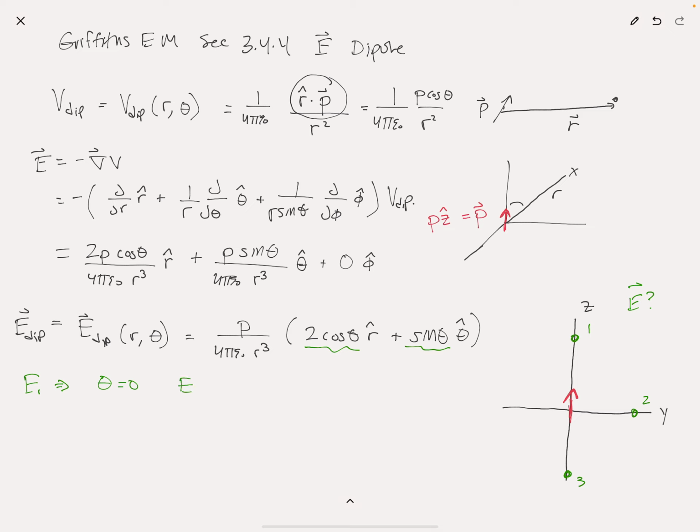So my electric field at point 1 is going to be something related to the r hat direction, because cosine of 0 is equal to 1, plus, well, sine of 0 is equal to 0, so there's no theta hat component, and everything is pointed in the r hat direction. The r hat direction at this point is up.